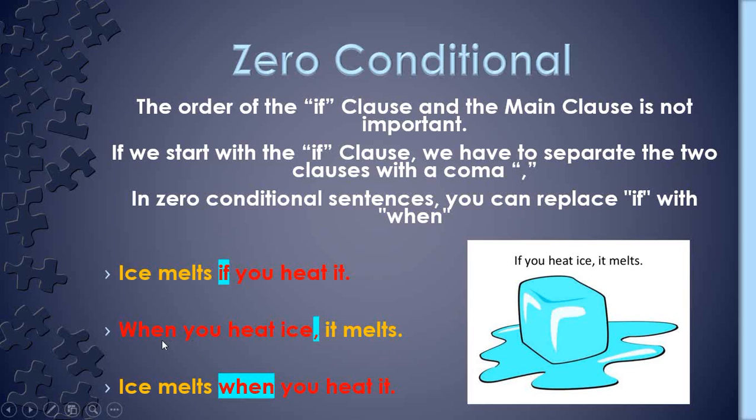And as we have the if clause first, we have to separate it from the main clause with a comma. Okay? In this example, ice melts when you heat it. Here we have the main clause first and the if clause second, but we replaced the word if with the word when.